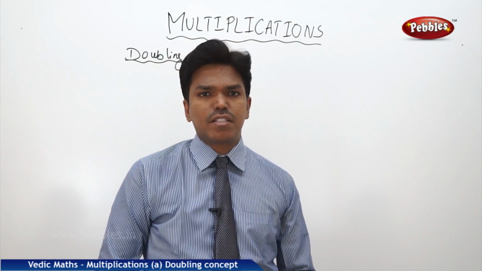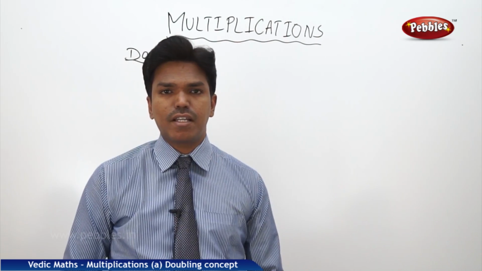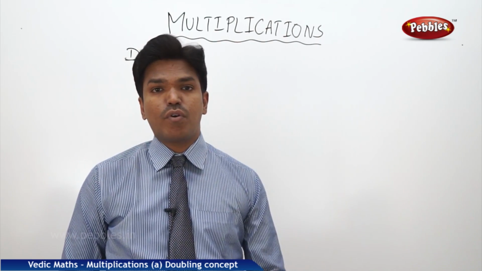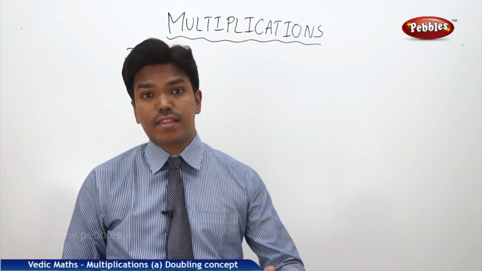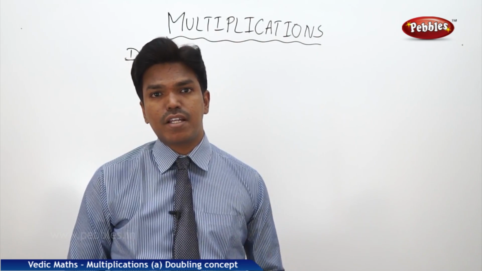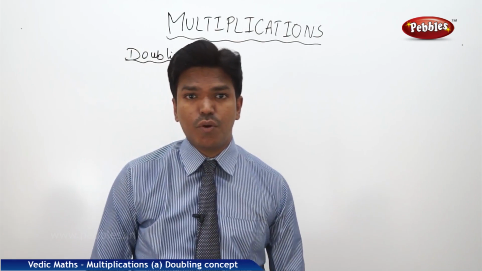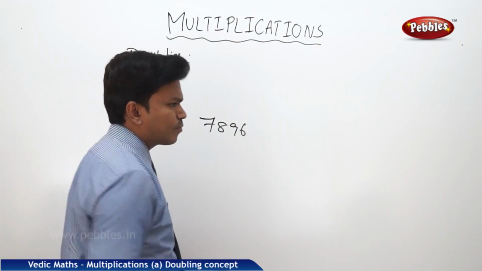First you tell me, suppose I ask you what is the double of 2, and you will immediately say the answer is 4. What is the double of 4? 8. Double of 8? 16. Double of 16? 32. Double of 32? 64. 64? 128. 128? 256. But if I ask you immediately what is the double of 7, 8, 9, 6?